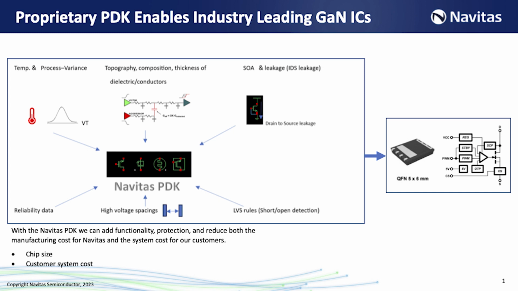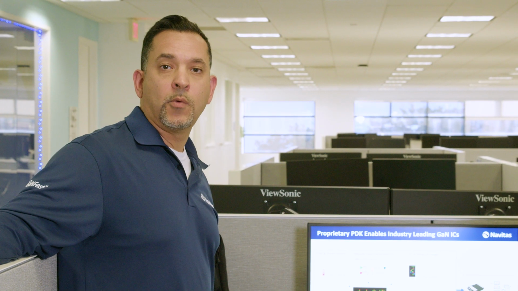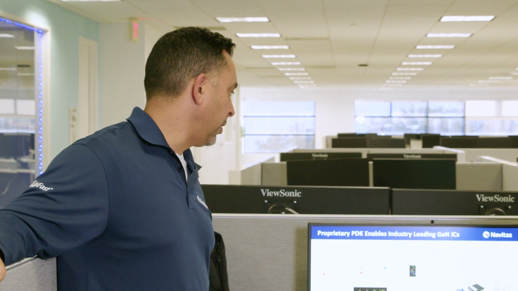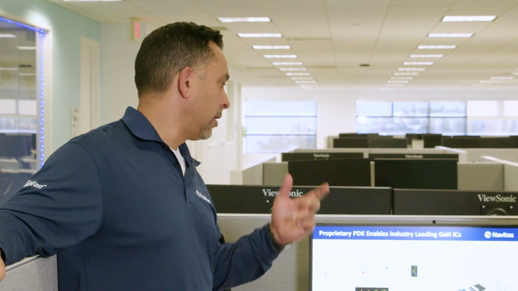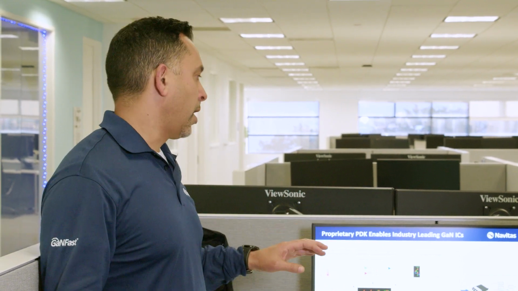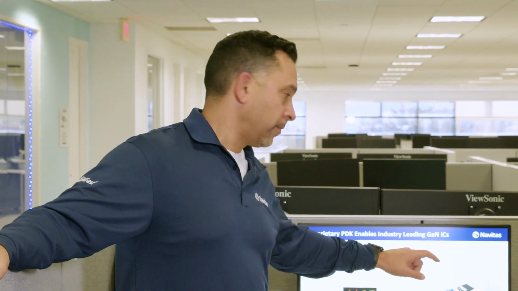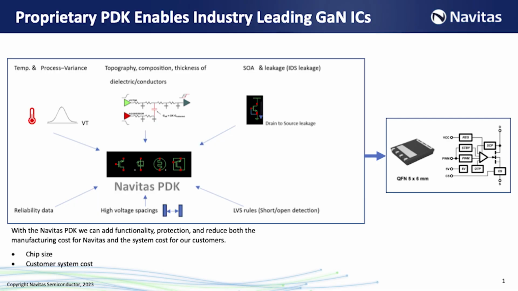We've gathered years of reliability data that we have also put into the PDK, along with the high voltage spacings, the enclosures, the LVS. With all this together, we were able to build, as you can see on the right, a tiny QFN 5x6 millimeter package as one of our devices.